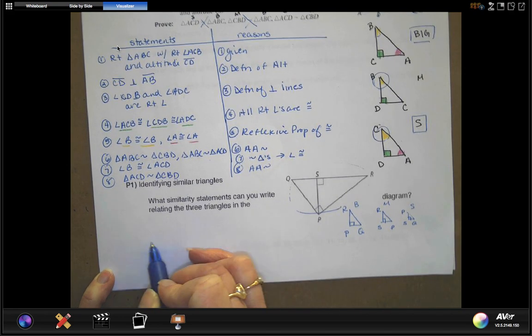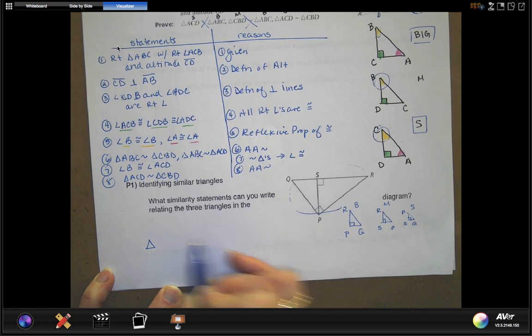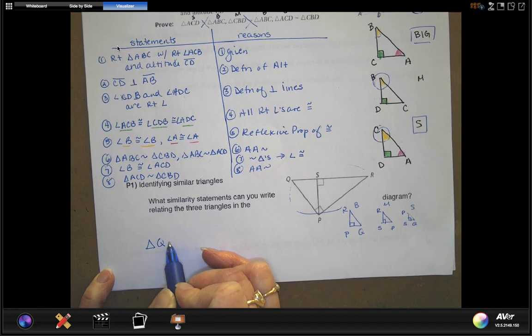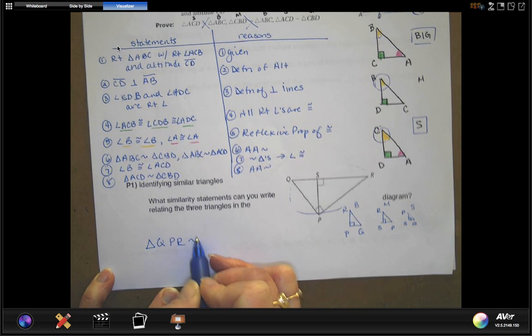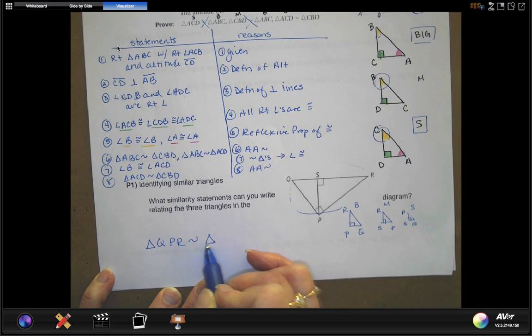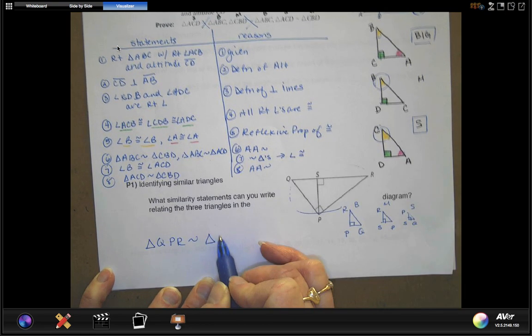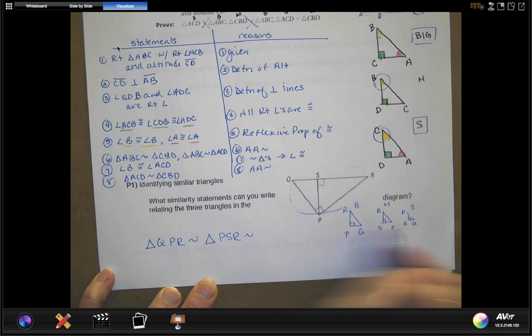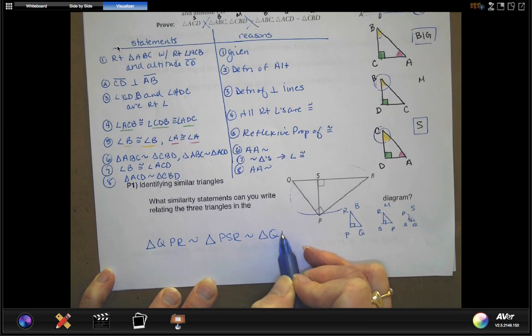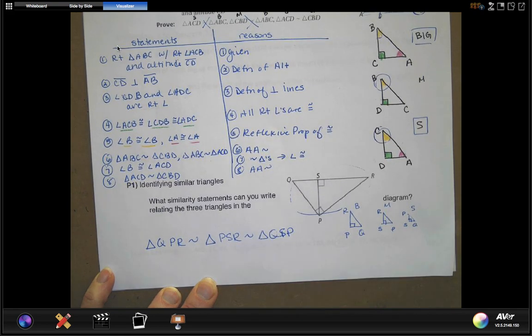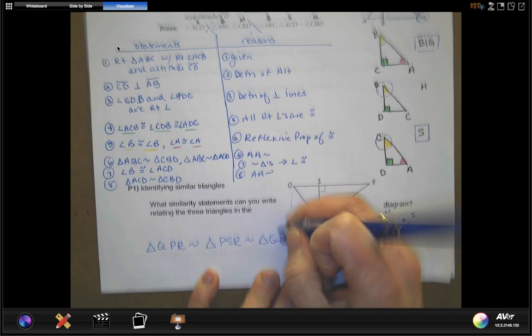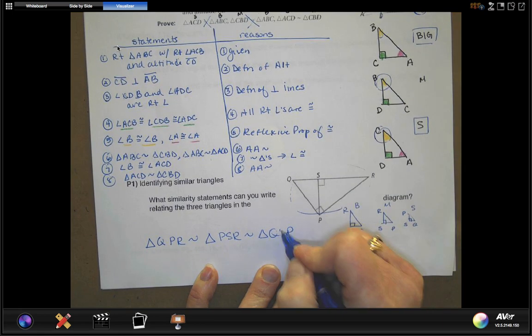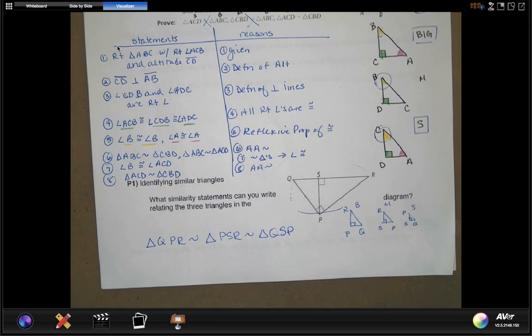If you write it out like that, then I can just say triangle however you want. So I could do triangle QPR. So QPR is similar to triangle PSR, which is similar to QSP. Okay, so sometimes drawing it out separately just makes it a little bit easier to see.